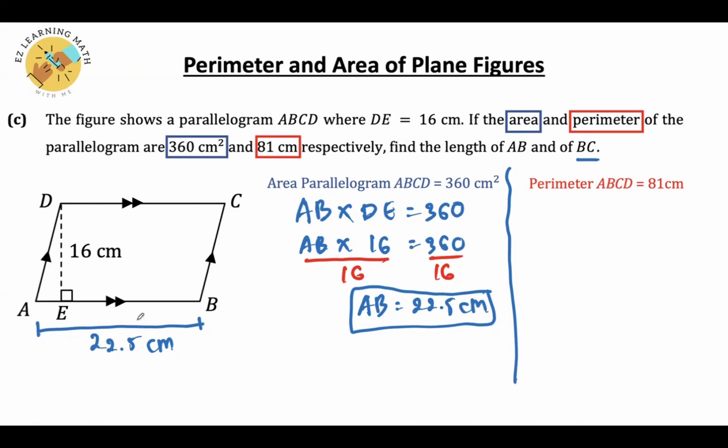AB is 22.5 and DC also 22.5 centimeters. Remember properties of parallelogram. The opposite sides of parallelograms are equal. How about BC? We don't know yet. Since we don't know, we can use letter n to represent BC. If BC is n, then AD also n.